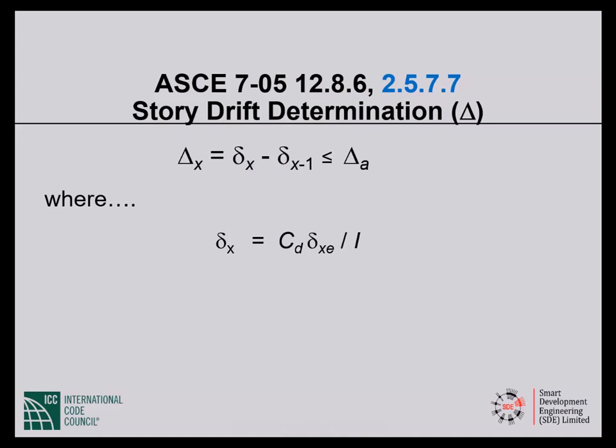The tolerable limits in ASCE 7-05 and in BNBC 2020 are a function of the occupancy of the structure. We have much tighter limits on interstory drift in a hospital than in an office building.